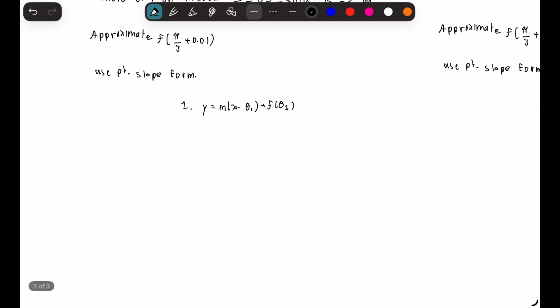So we can substitute in y equals -2 times theta minus pi over 3 plus 4.